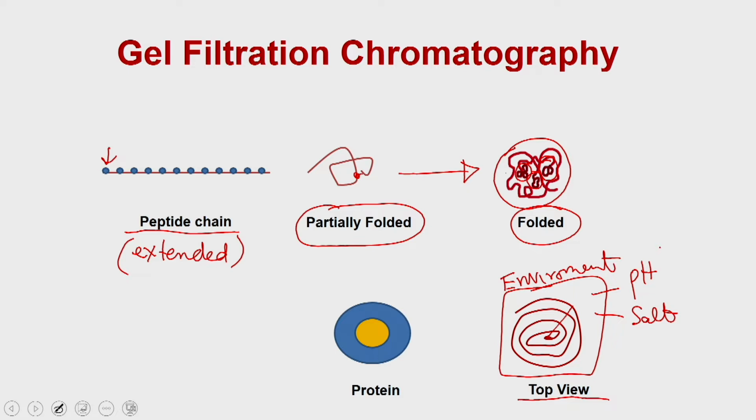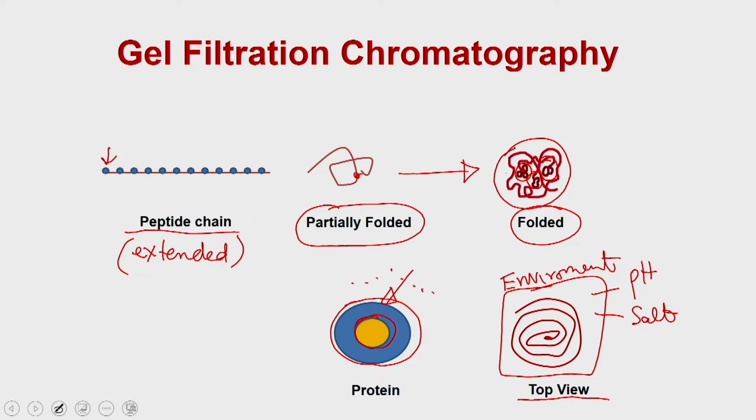In a fully folded protein, the protein arranges the hydrophobic molecules in the center and the hydrophilic molecules around it. That is required because the microenvironment in most cases is hydrophilic in nature, which means you have water outside.